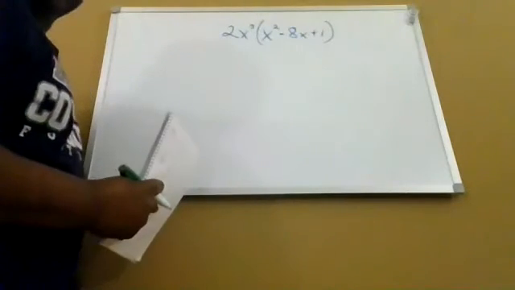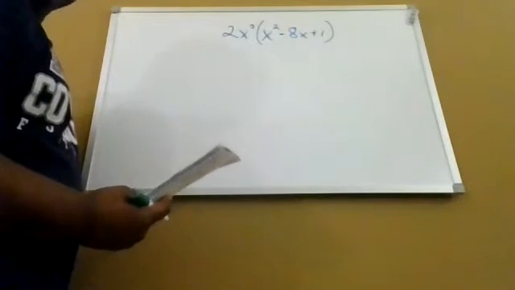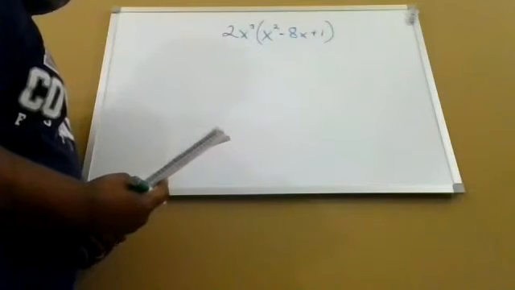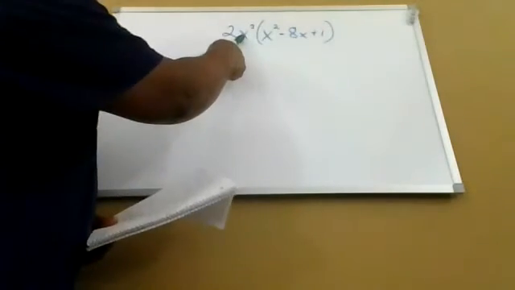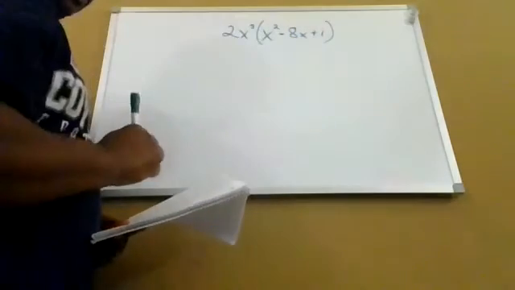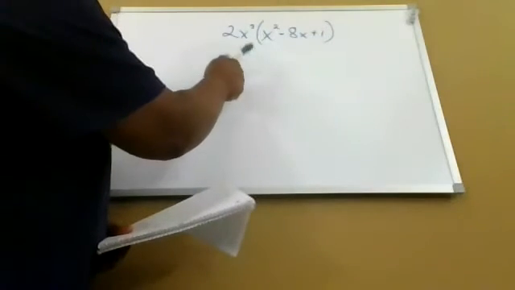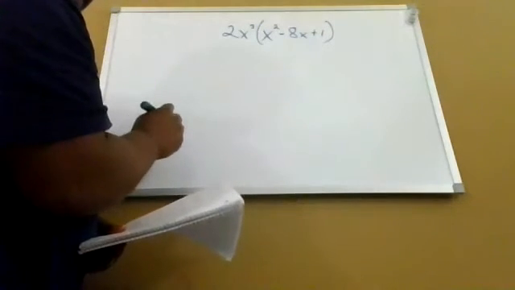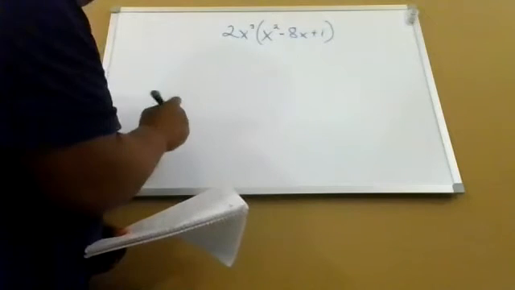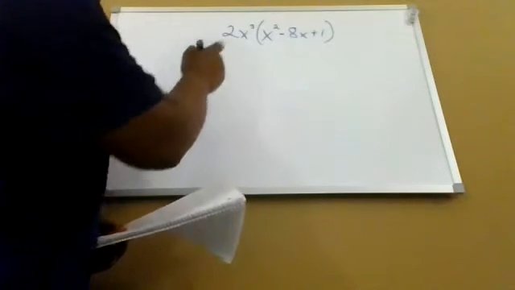So now for this problem, we have 2x to the third power, and we're going to multiply that by each term in parentheses, which is x squared minus 8x plus 1.